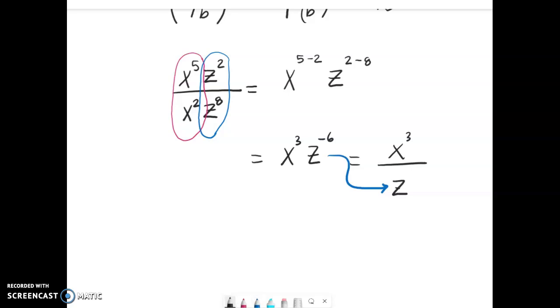So I'm going to say z to the 6th. So z to the negative 6, all I do is move it to the opposite location and make it a positive exponent. So if it starts in the numerator, you move it to the denominator. If it would have started in the denominator, the negative exponent, you move it to the numerator and make it positive.